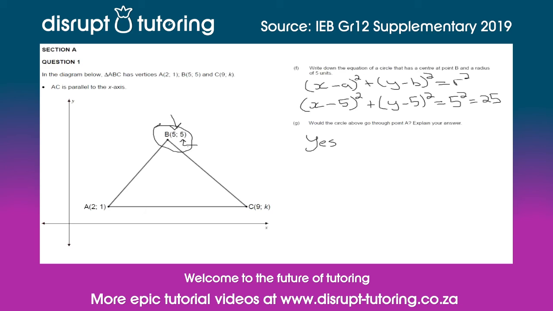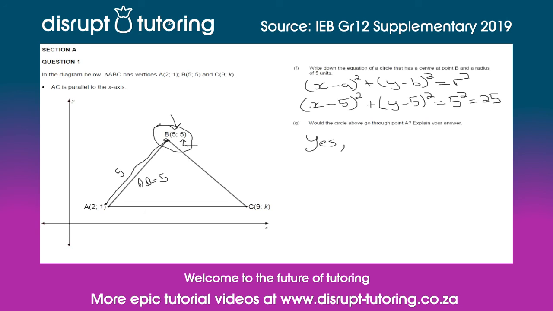So if we have the center at point B, we're going to have a radius of 5 units. And we know that line AB equals 5. Remember, we calculated that in a previous question. So this line will hit exactly on point A.